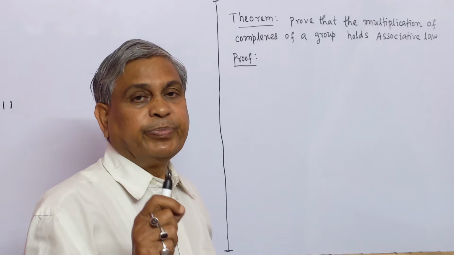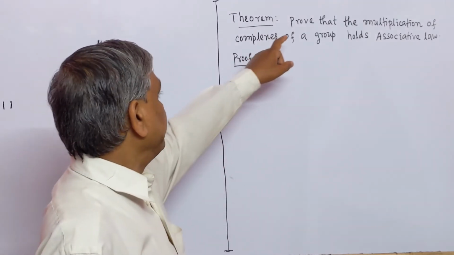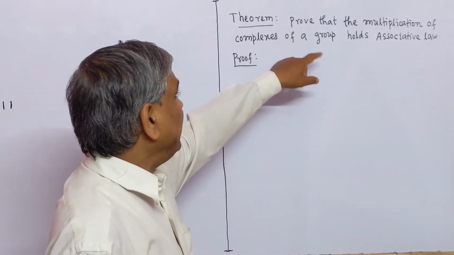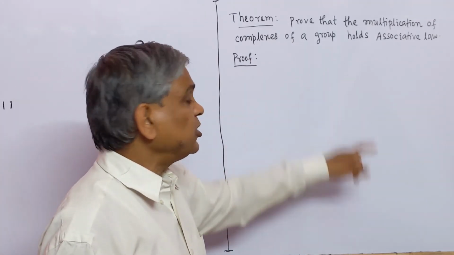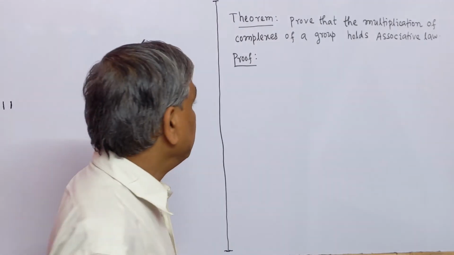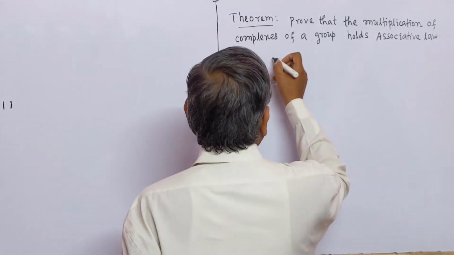Now we prove the next theorem. Prove that the multiplication of complexes of a group holds associative law. Now we prove this.